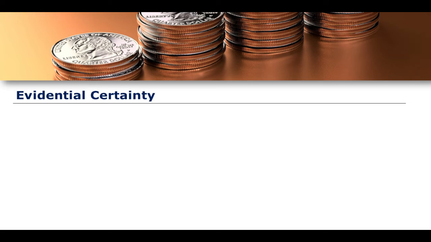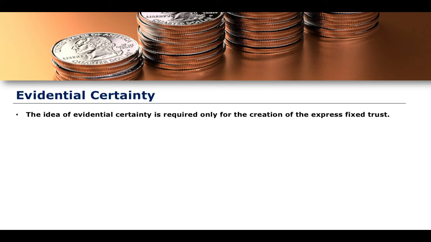Finally then, when we talk about fixed trust, there's one issue here when we talk about certainty and uncertainty. We've focused on the idea of conceptual certainty, the idea of a list being conceptually certain or uncertain, as to clearly delimit where the trust instrument begins and ends. But what about the difference between conceptual and evidential certainty?